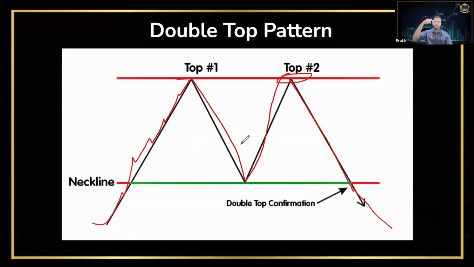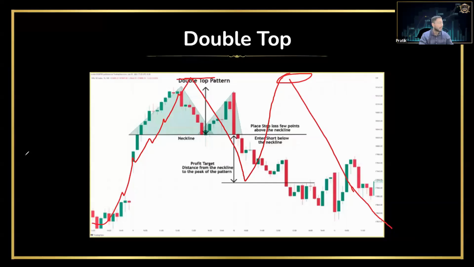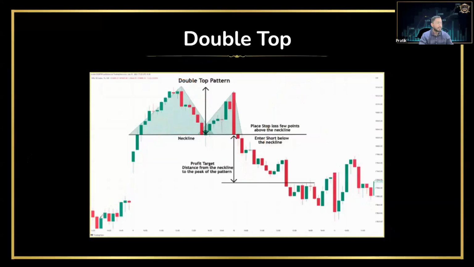Can you see it's an M? It's an M pattern. That's a double top pattern. If you want to see, this is what a double top pattern looks like. Clear, guys? Price has gone up, double top, and the price has gone down after that. Through this pattern, we understand that the price has reversed from up to down.